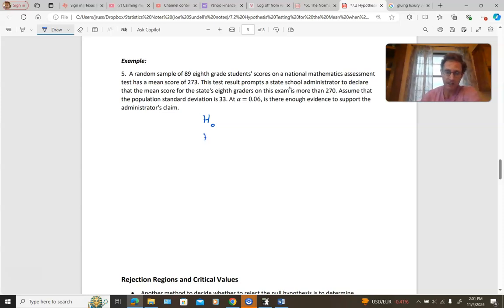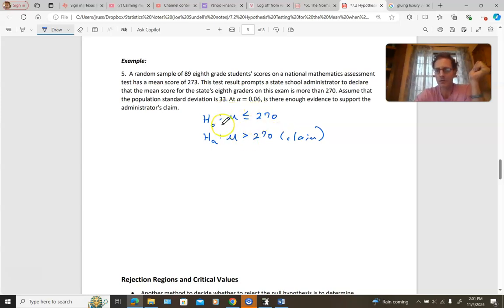So his actual claim is going to be our alternative hypothesis, that the mean is strictly greater than 270, which means our null hypothesis is that the true mean is less than or equal to 270. And I'm going to denote right here that this is the claim. The claim of the school superintendent administrator is being represented here by the alternative hypothesis.